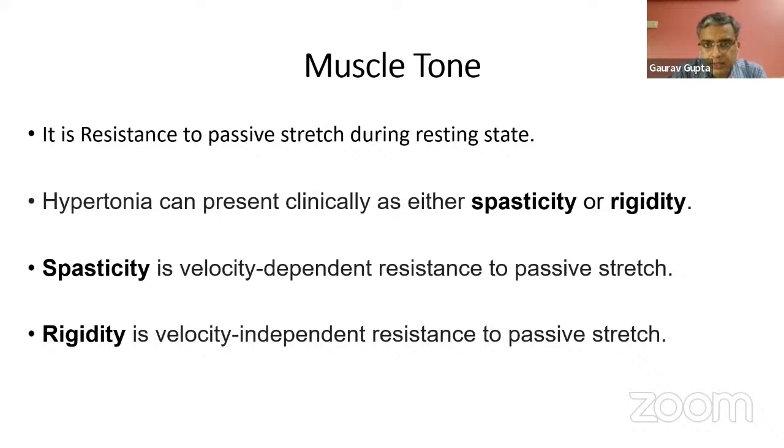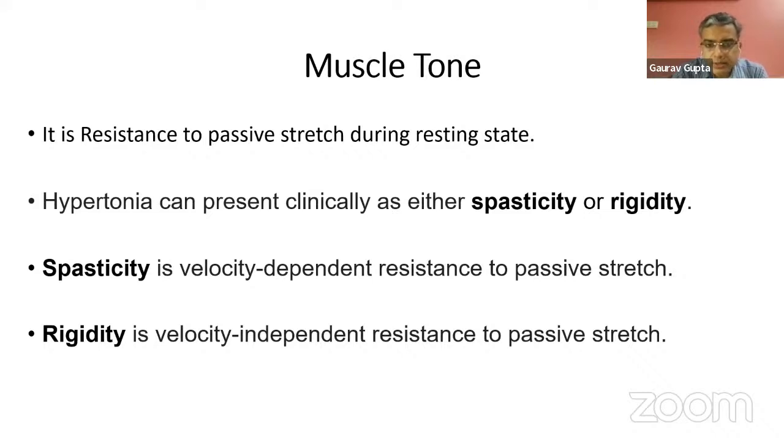Then we assess the muscle tone. So what is muscle tone? It is basically the resistance to passive stretch during resting state. Now it can be normal tone, hypertonic, atonic, hypotonic, dystonic.